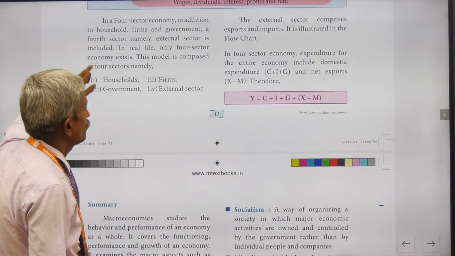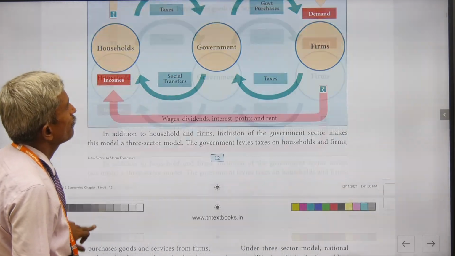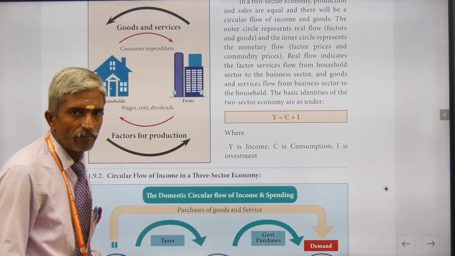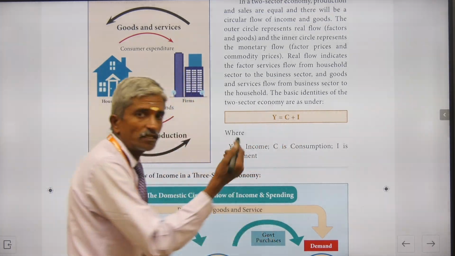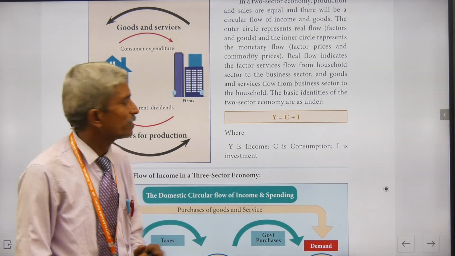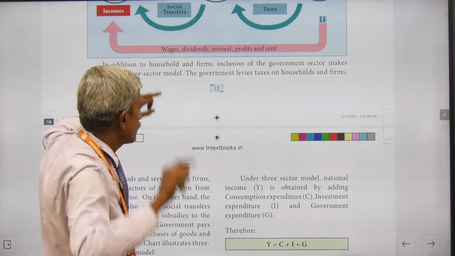Then for the 2-sector model and 3-sector model, we should write a formula here. Under the 2-sector model, between the two parties, the functioning is only two things. C refers to consumption, I refers to investment. Clear? Okay. Y is income.